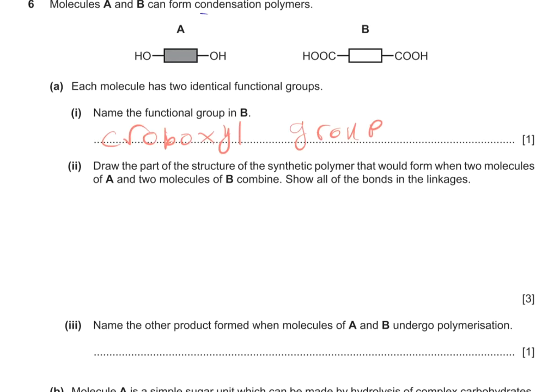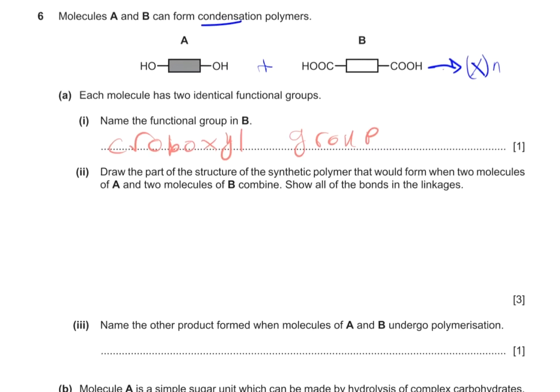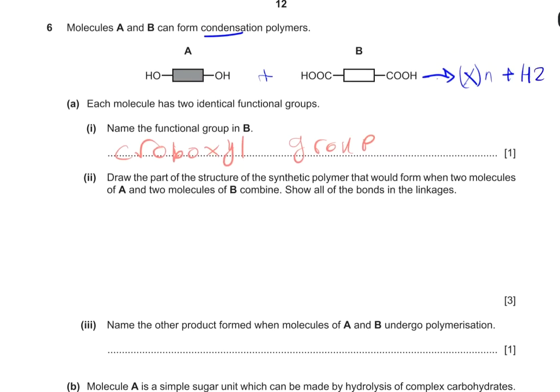In a condensation polymerization reaction, we form water. So when these two react together, we form polymer X and H2O, or water.